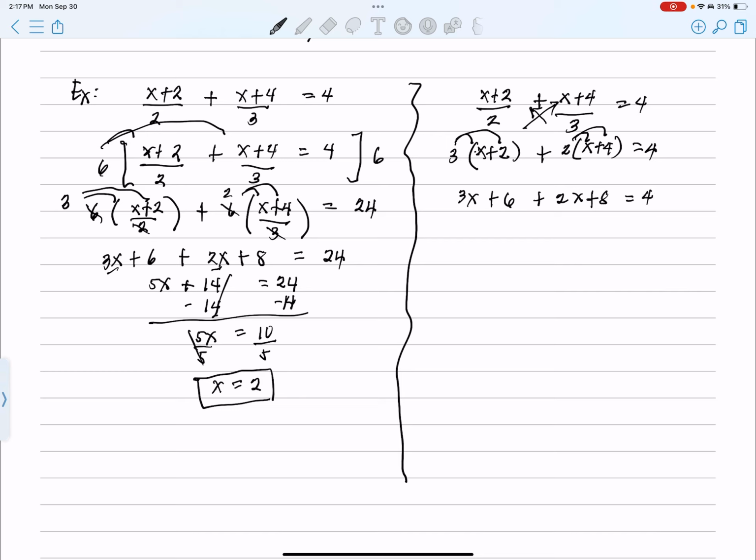So collect terms. 3x plus 2x is 5x. 6 plus 8, that's 14. Equals, this is 24. All right, I just saw it. Sorry for that. So this is 24.